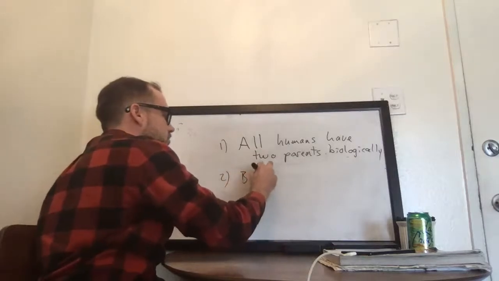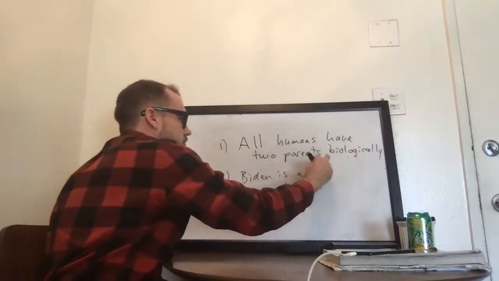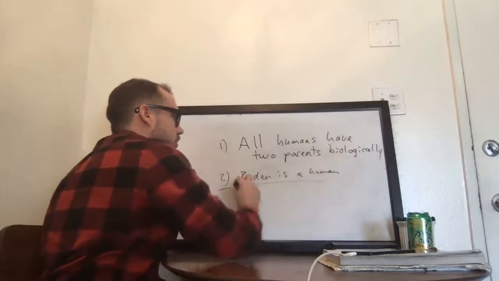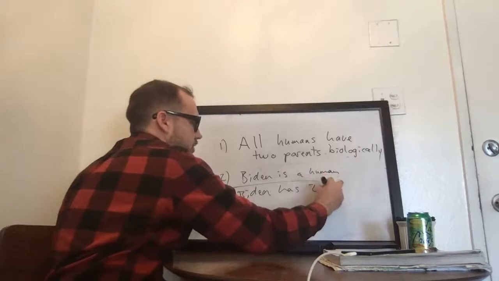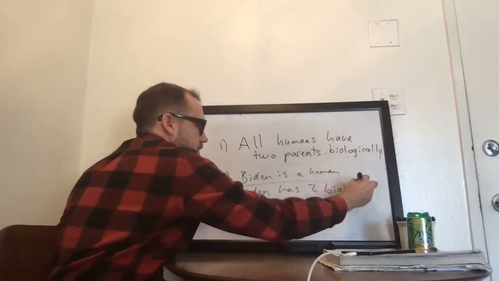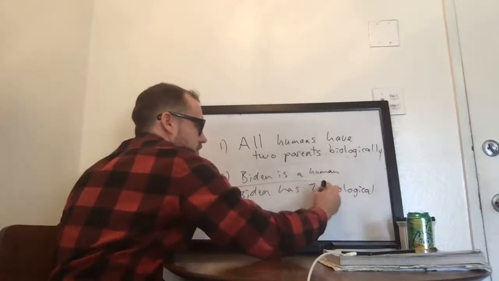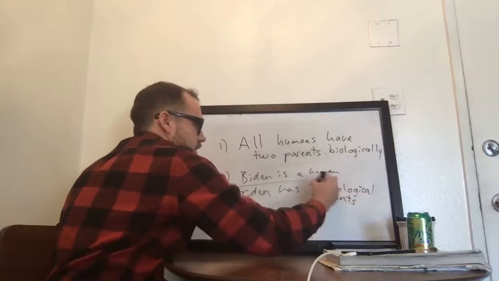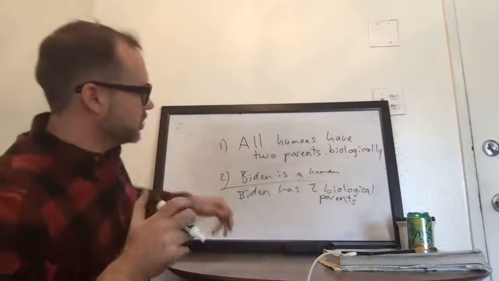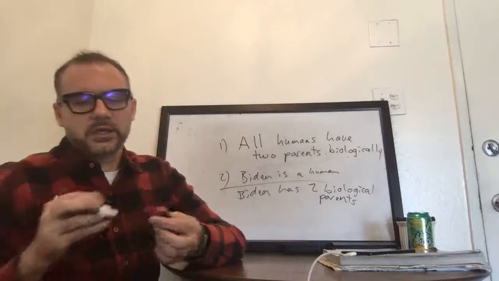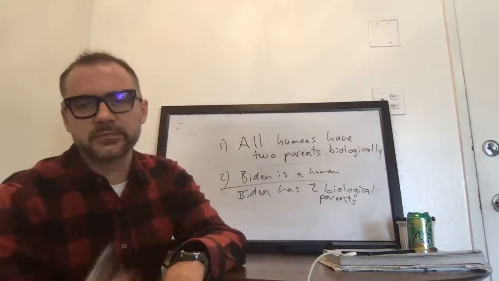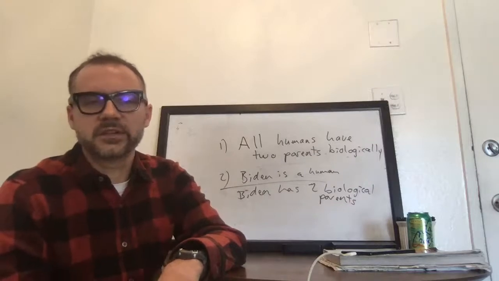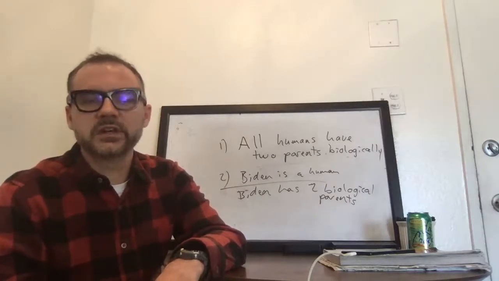Biden is a human. Therefore, Biden has two biological parents. Now, let me ask, to sort of check your understanding. I'm telling you this argument is valid. The question is, is it sound or unsound? This argument is valid. But is it a sound, valid argument, or is it an unsound, valid argument?